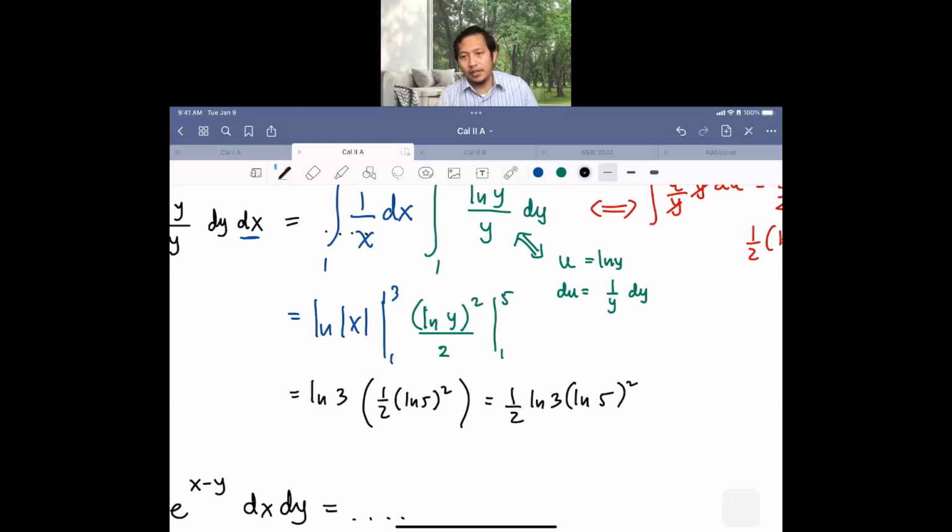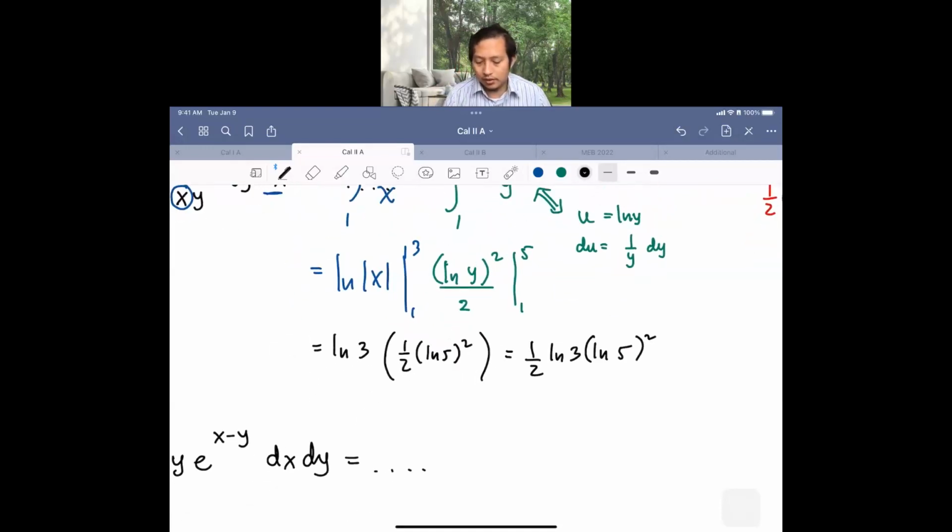We can just leave it as it is, or if you want to simplify, you just write this. I think this should be okay.